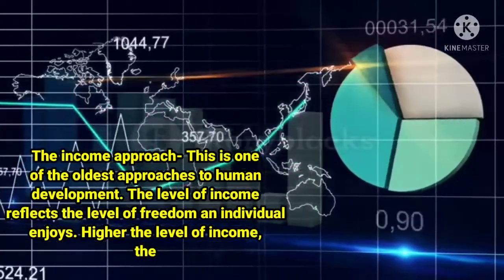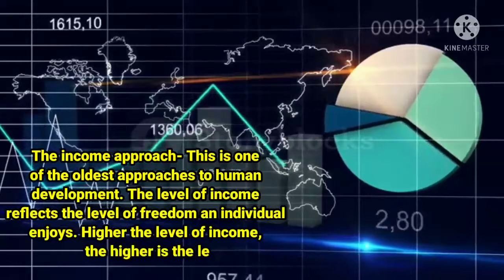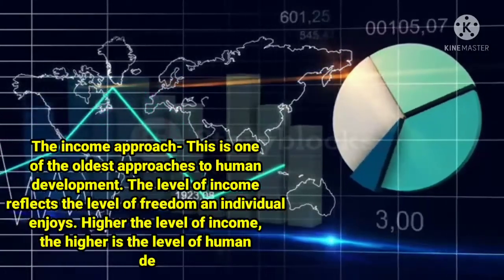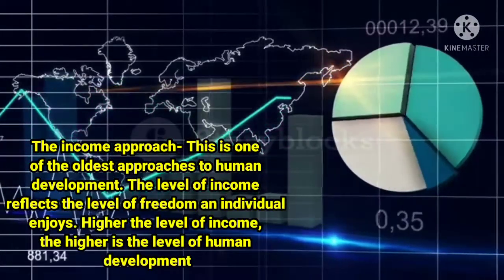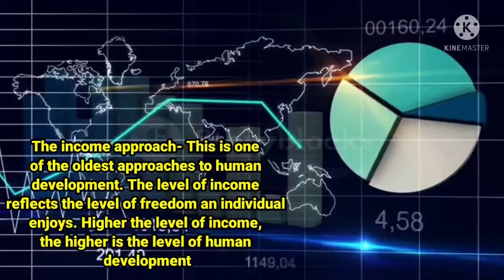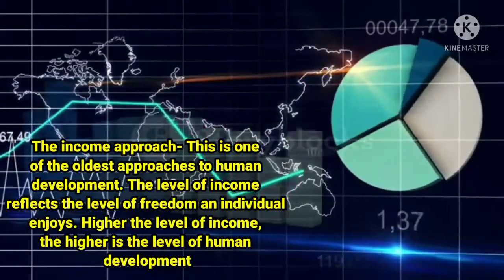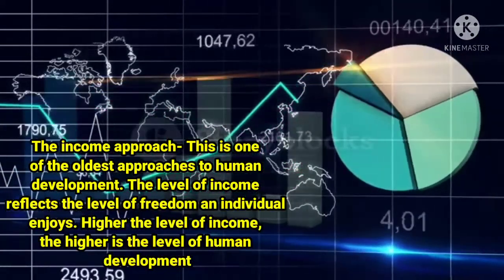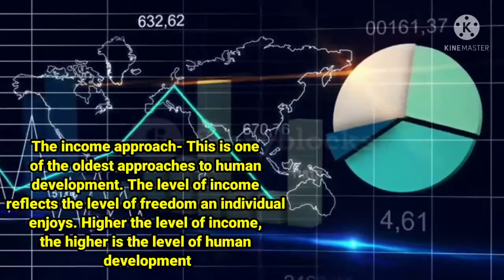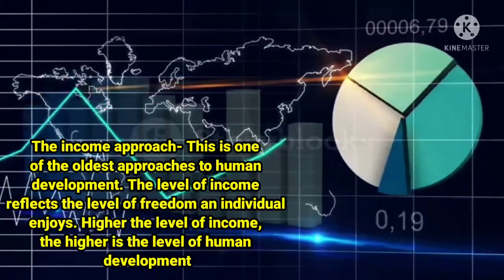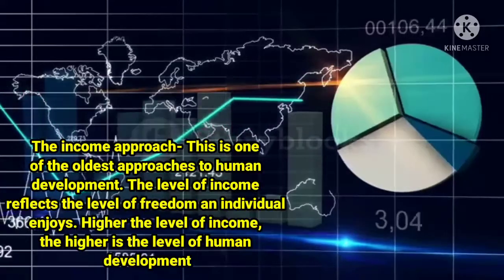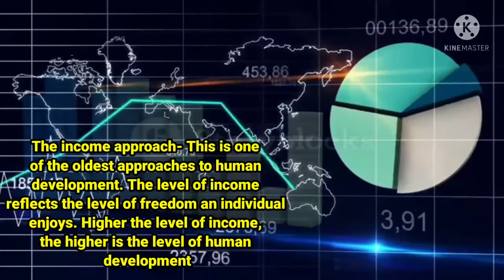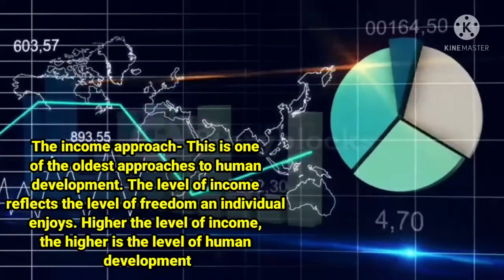The idea is that the level of income reflects the level of freedom an individual enjoys. More income means more opportunities and we can access more and more resources. The higher the level of income, the higher the level of human development. Likewise, we can develop human resources through a good income level.